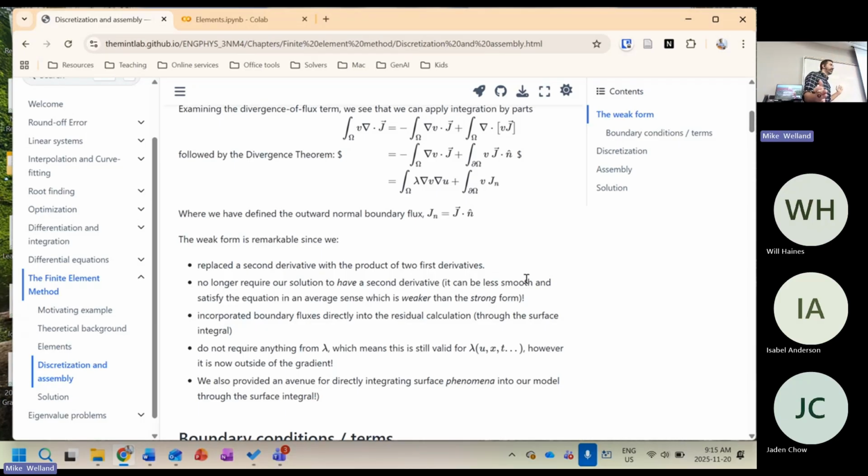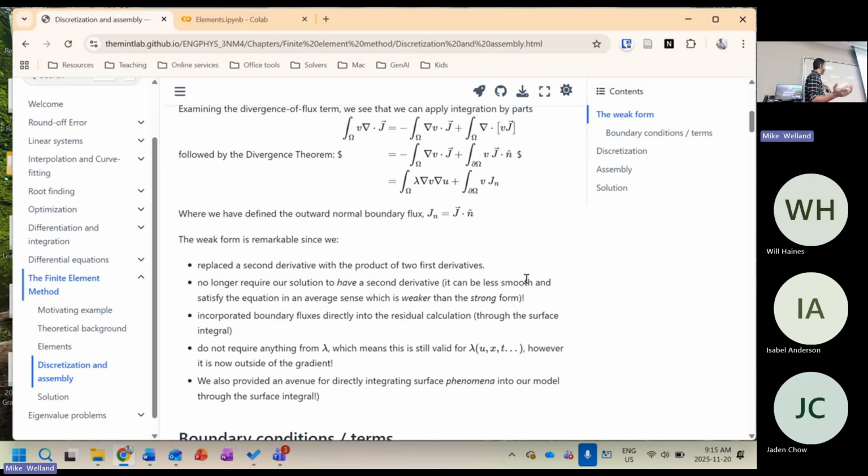Why is that important? Because if you've got an element that looks like that, and you've got one line on one side and one line on the other side like that, does a second derivative even exist for this one? Technically, no. Right?